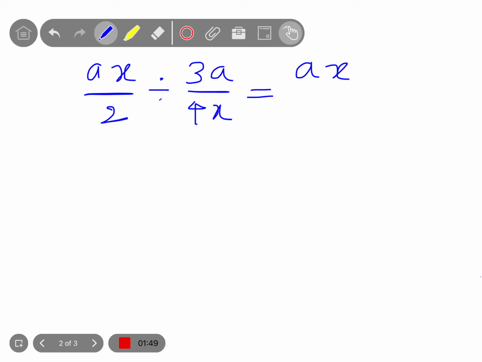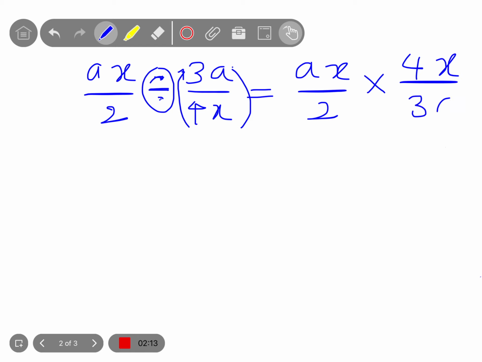You should have learned, for this, we have to convert this division into multiplication. When we do that, we have to use the reciprocal of this. Reciprocal means the opposite of that. To find the reciprocal of this means you have to just switch those two numbers upside down. So 4x goes up, 3a comes down.